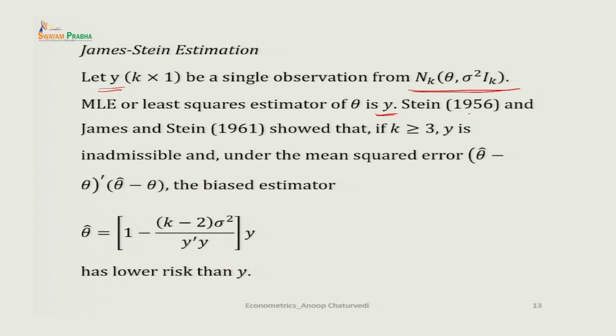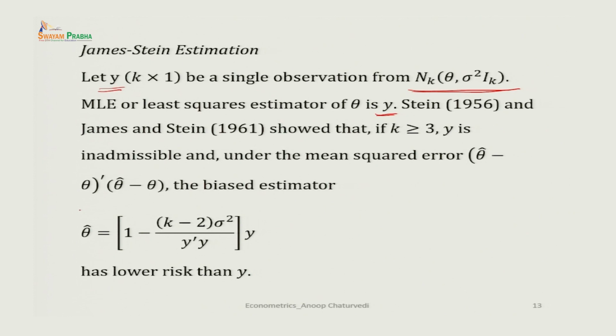Then Stein in one of his works in 1956 and then again James and Stein in 1961 showed that for k greater than or equal to 3, y is inadmissible. If you take the mean squared error, that is theta hat minus theta transpose theta hat minus theta, then this biased estimator theta hat equal to 1 minus k minus 2 sigma square upon y transpose y into y has lower risk than y, or lower risk than the MLE.